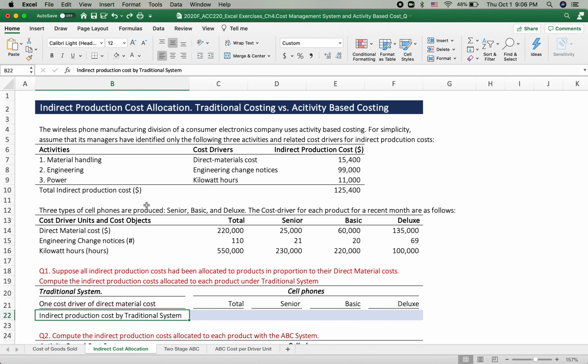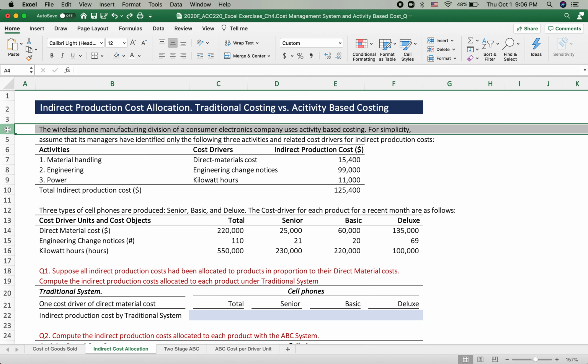Indirect production cost allocation, comparing traditional costing system and activity-based costing system. The example shows the wireless phone manufacturing division. A customer electronic company uses activity-based costing for simplicity.